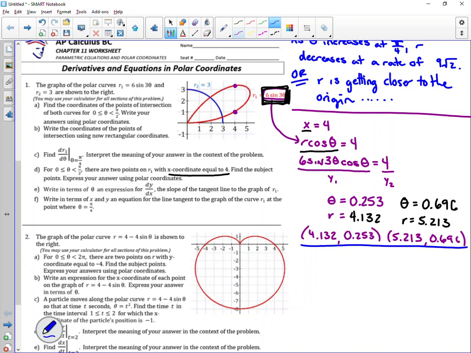Next one, E, dy dx. Now remember, which one are we doing it with? R1? Okay, with R1. So remember, dy dx is r prime sine theta plus r cosine theta over r prime cosine theta minus r sine theta.